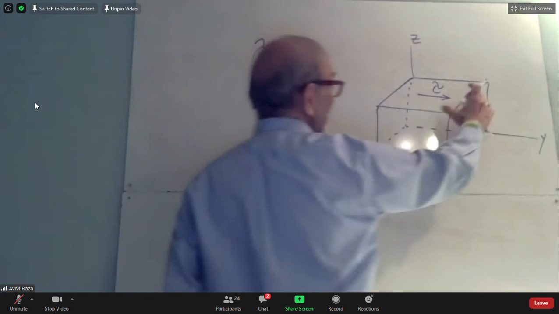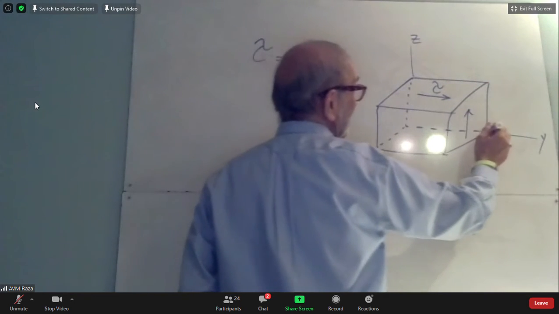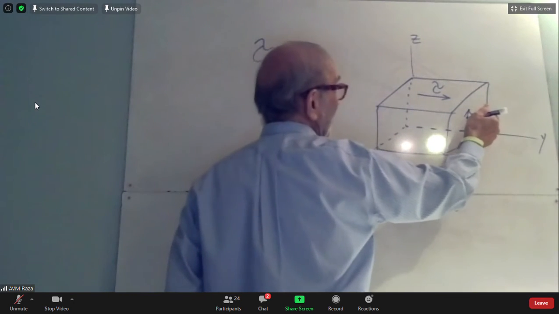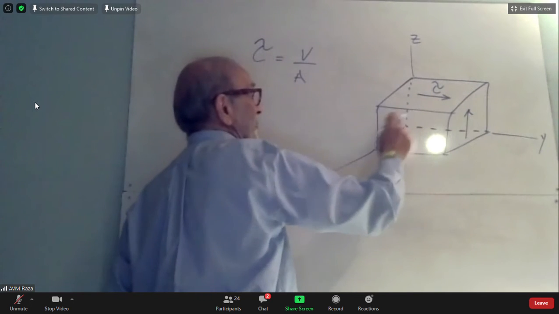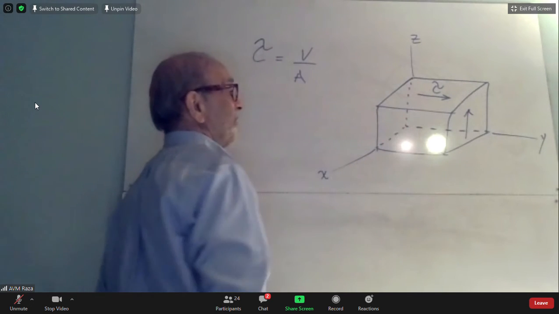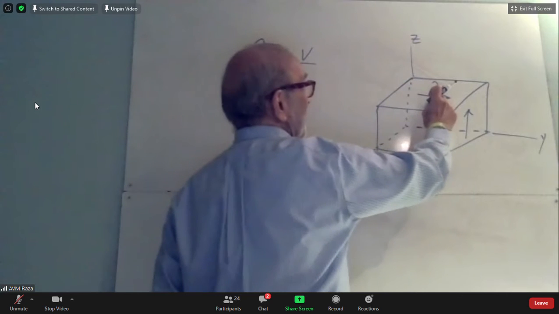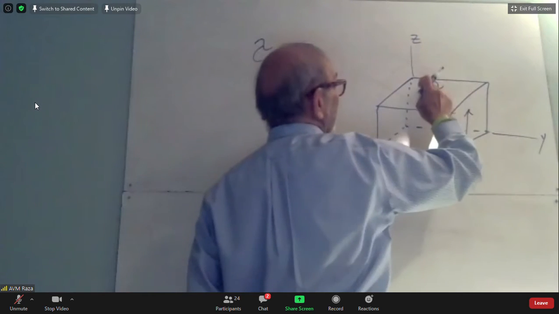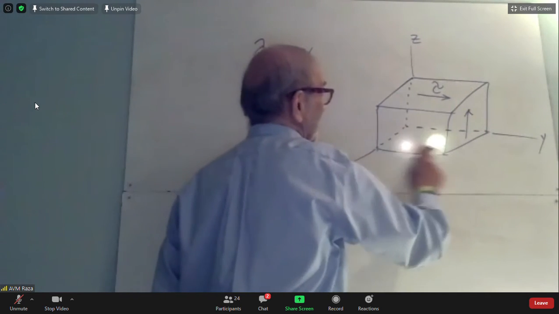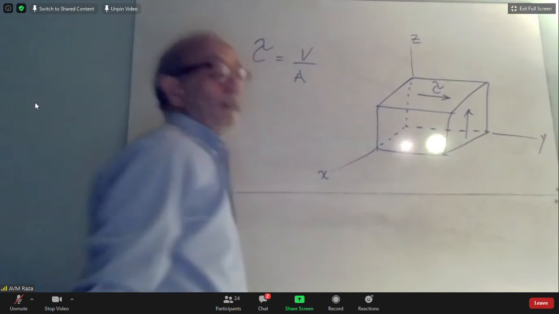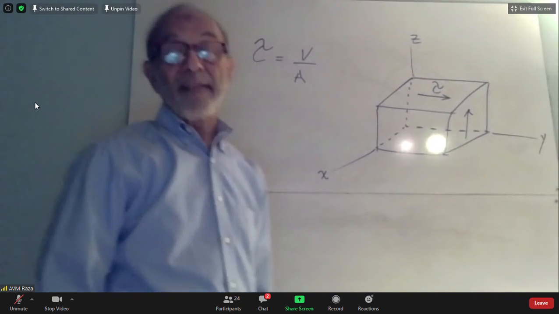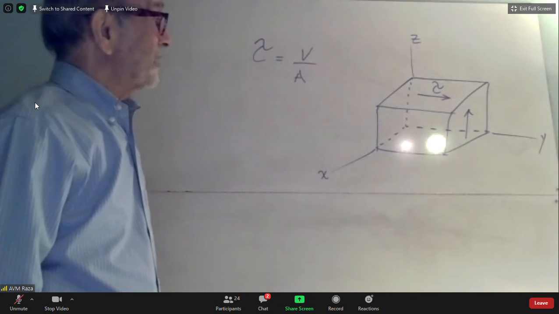Similarly, this face, which is perpendicular to the y-axis, is called the y face, and the one on the opposite side is called the minus y face. And then the top face here is called the z face, and the bottom here is called the minus z face. So all the 6 are defined.